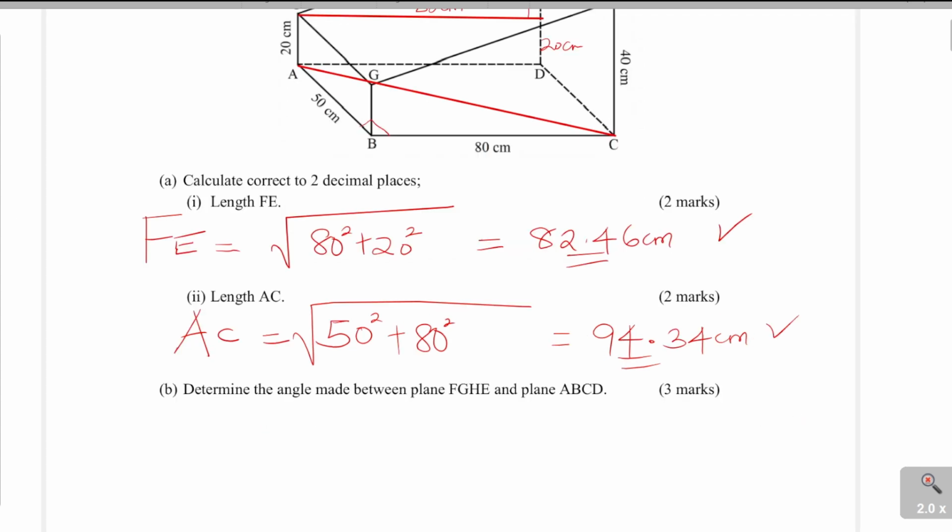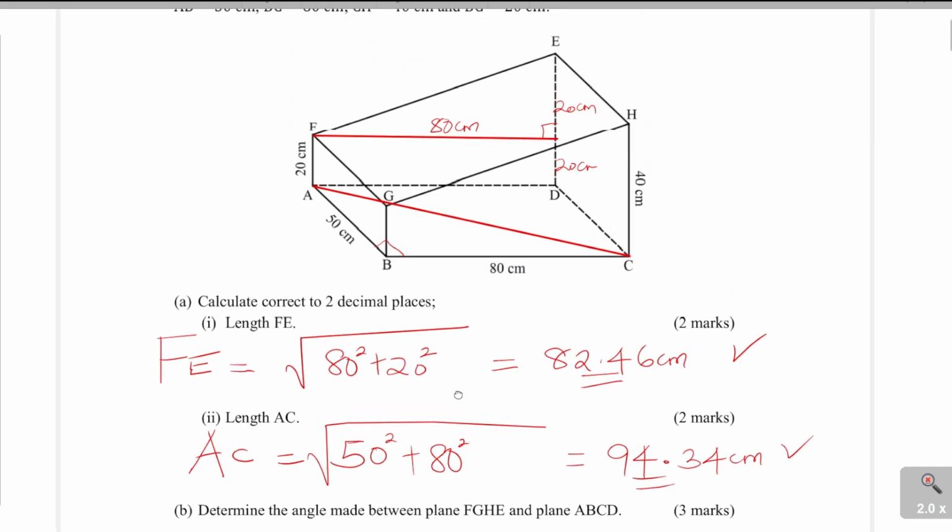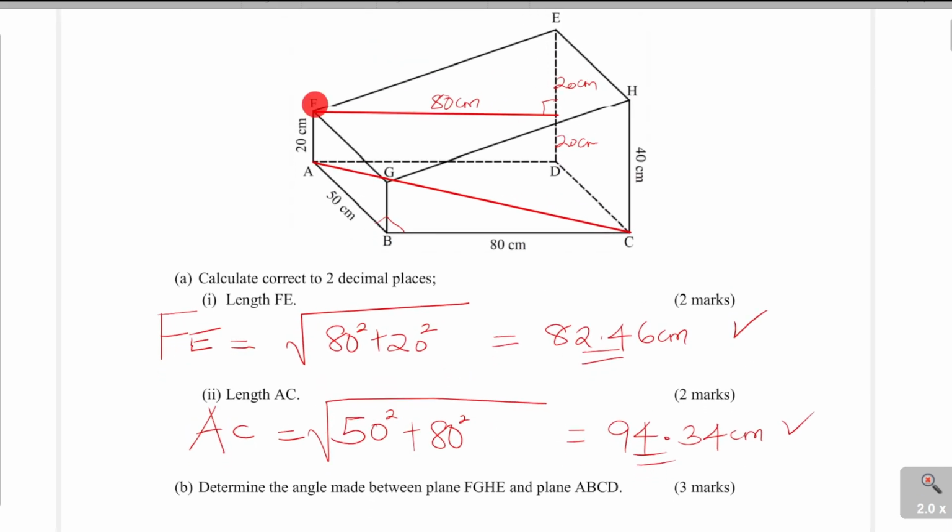We go to part B. Determine the angle made between plane FGHE and ABCD. That is the angle between two planes, FGHE and the base ABCD. When you look at those two planes, they are not intersecting at any point. There is no line of intersection.